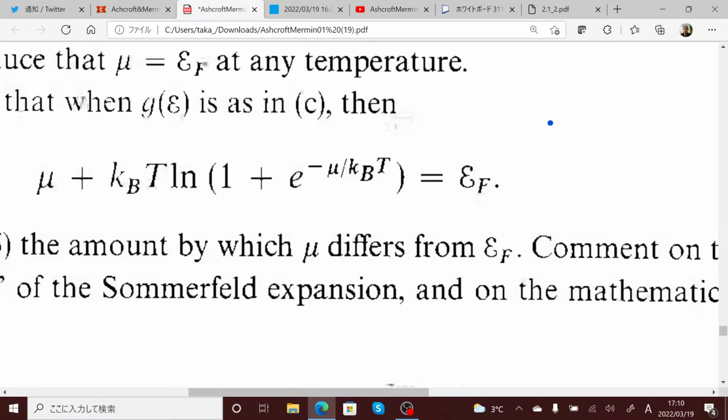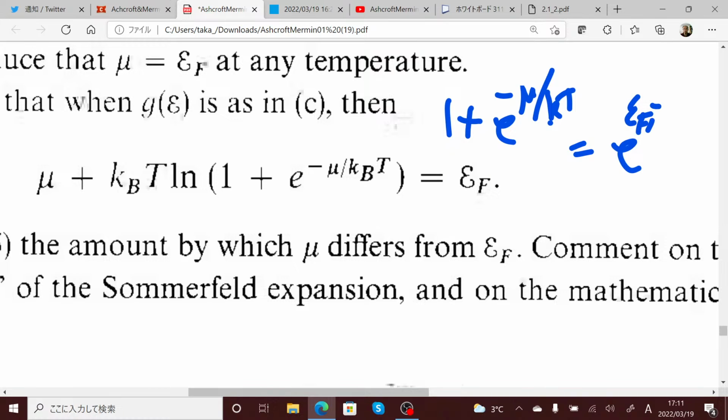This is more like this: 1 plus epsilon minus mu over kbt equals exponential EF minus mu divided by kbt.